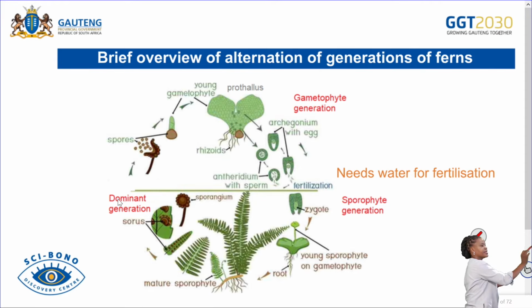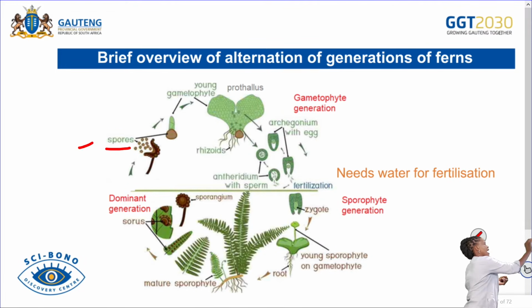Now, let's quickly look at how it is happening. This is our sporophyte generation. On the sporophyte generation, remember we said it is the dominant phase. What is happening now? We'll be having the spores.